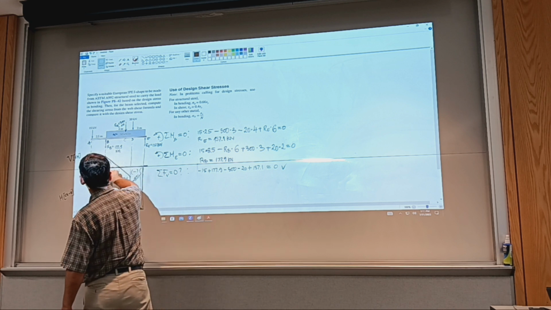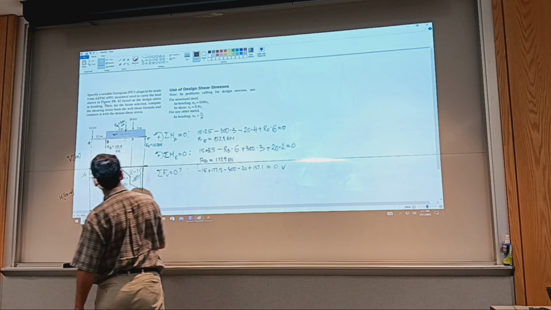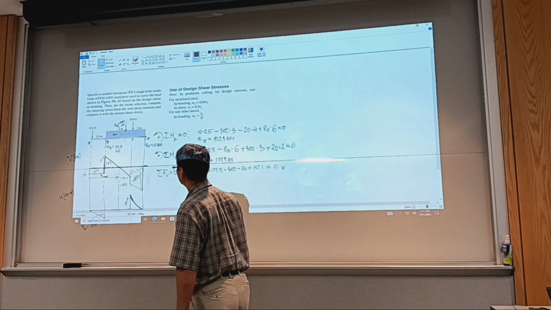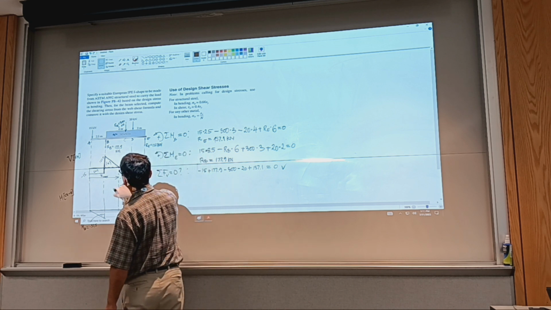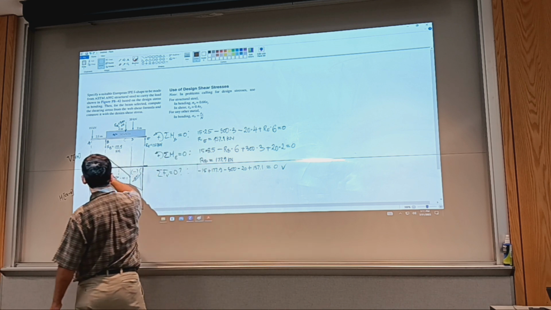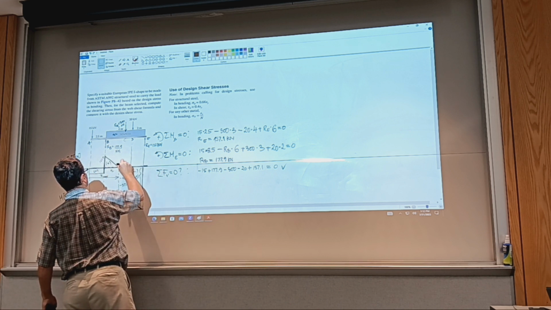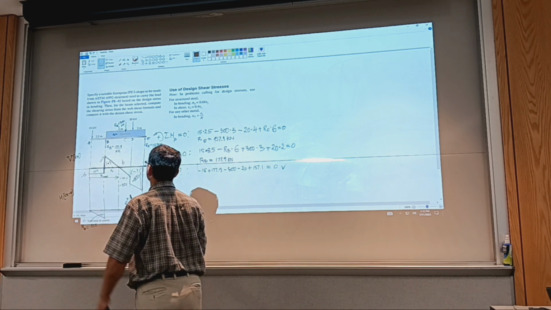All right, so let's find where the V diagram goes to zero, because that's where the moment is at its maximum. The way we can do it is to write similar triangles. I can call this A and this B, or you can use a linear relationship.